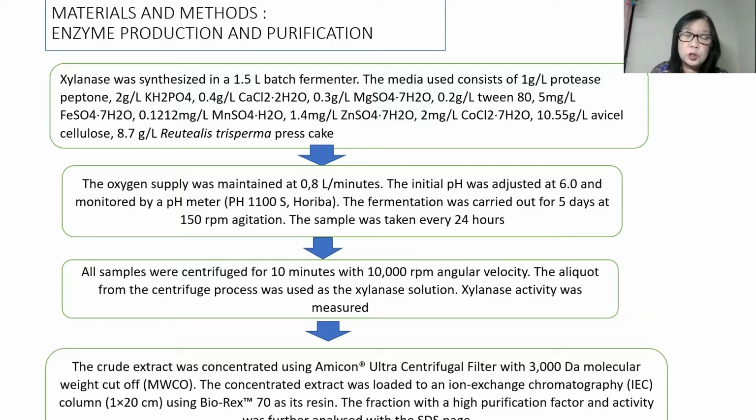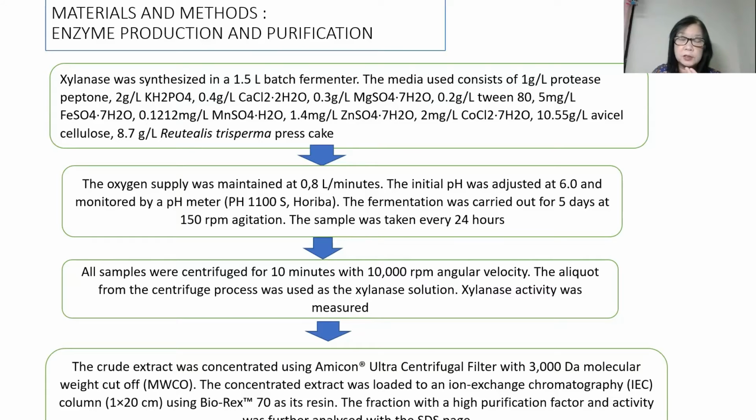We also use oxygen for the synthesis of xylanase, and we try to maintain the oxygen rate at 0.8 liter per minute. We also adjusted the initial pH to about 6, and we did the fermentation for about 5 days at 150 RPM agitation.